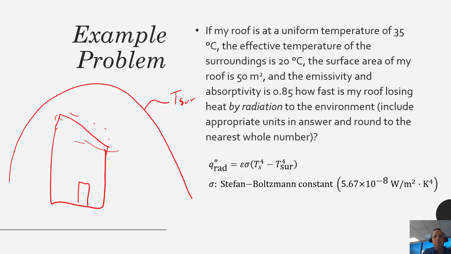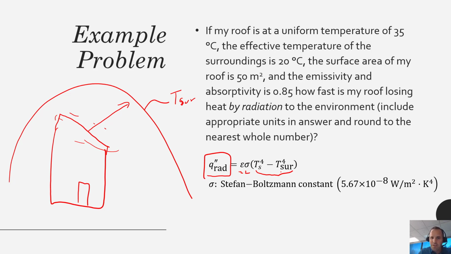So we can apply the rate law that the net radiative heat flux from my roof out to the surroundings is equal to the emissivity of my roof multiplied by the Stefan-Boltzmann constant and my roof temperature to the fourth minus the surrounding temperature to the fourth.